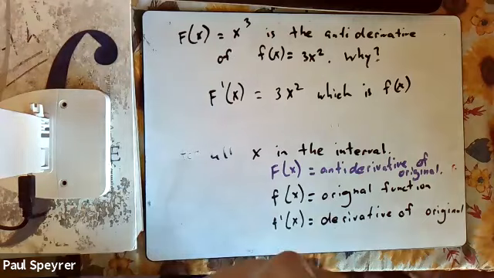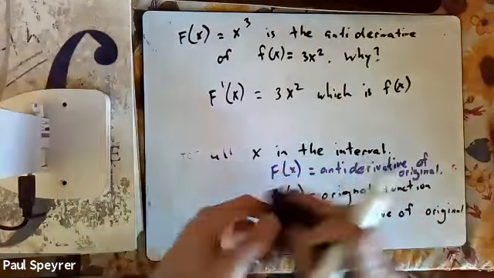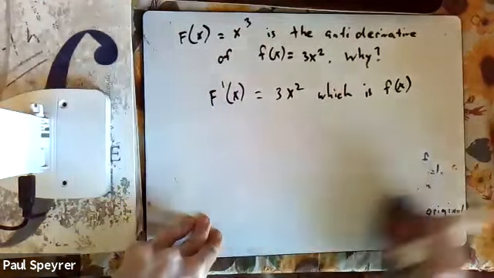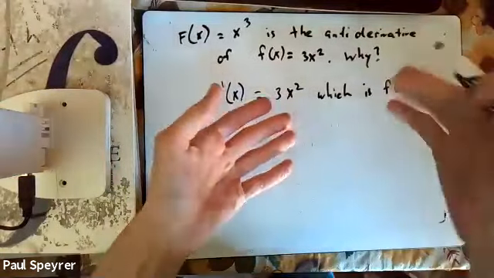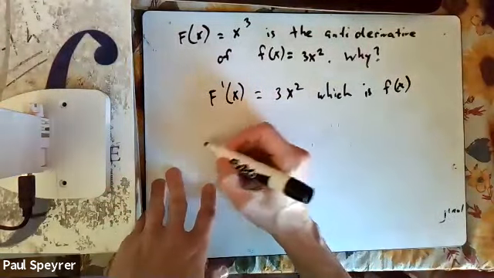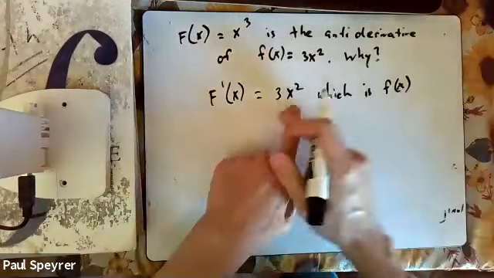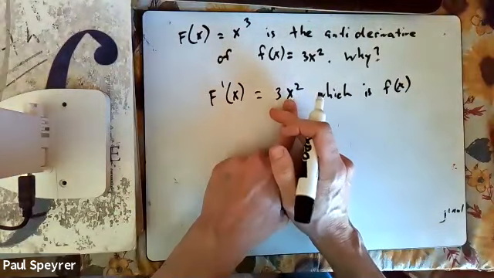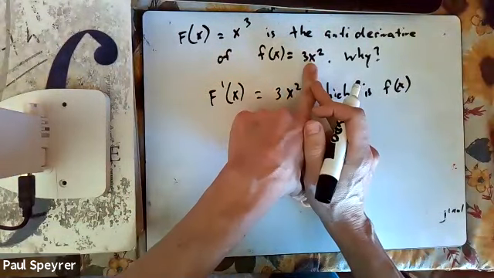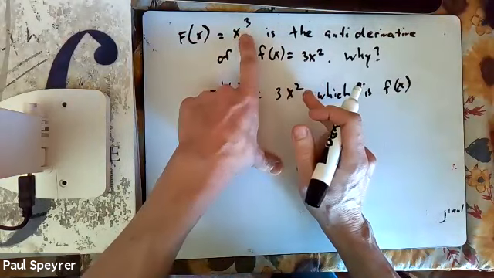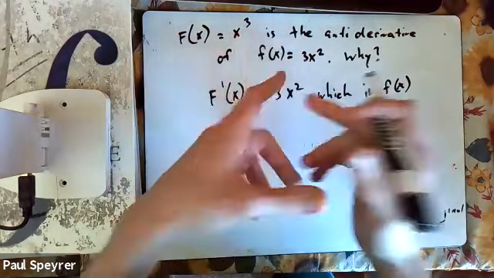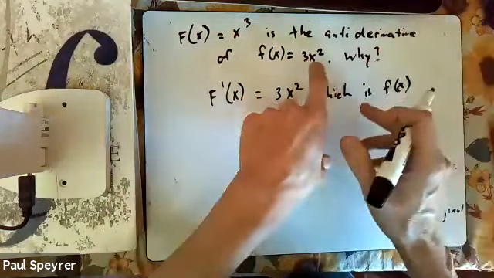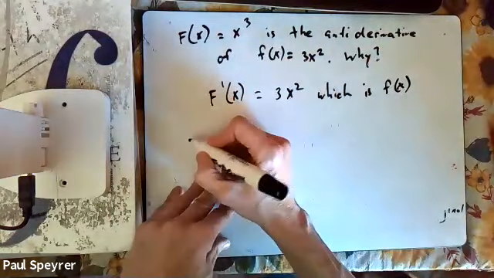Now, something unique about antiderivatives is that we were able to see that the antiderivative of 3x squared is x cubed, but x cubed is not the only antiderivative of 3x squared, okay?